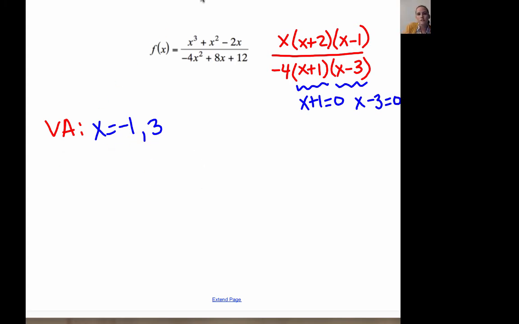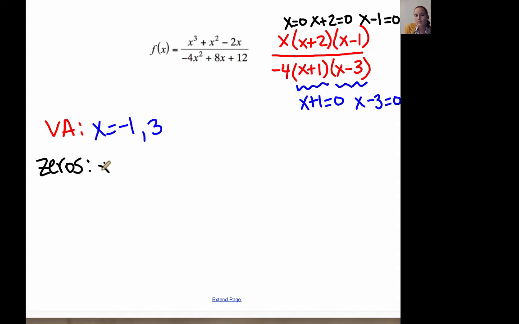Alright, for your zeros, I was waiting to see if anything would cancel before I wrote down officially what the zeros are. I'm going to set x equal to 0, x plus 2 equal to 0, and x minus 1 equal to 0. And all three of those, once I solve, are officially my zeros where the graph crosses the x-axis, the x-intercepts.